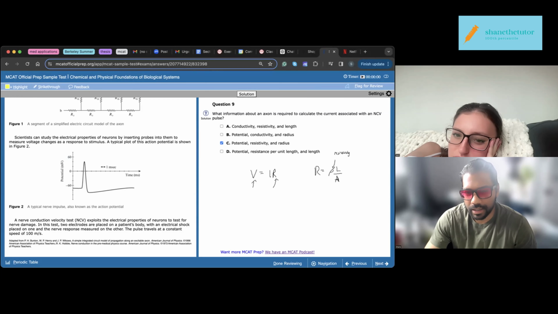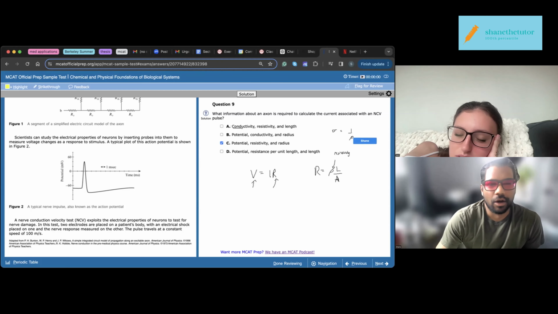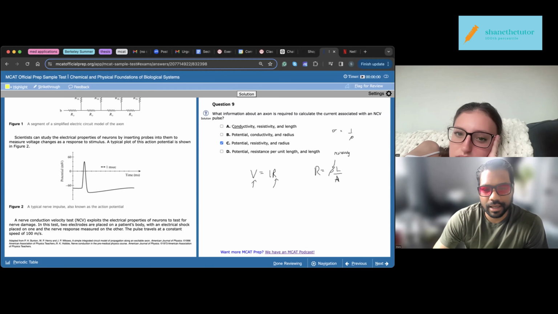And conductivity is the inverse of resistivity. So V over R is equal to current, so we need voltage and we need resistance.